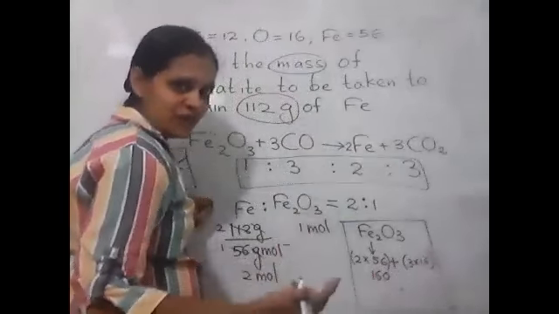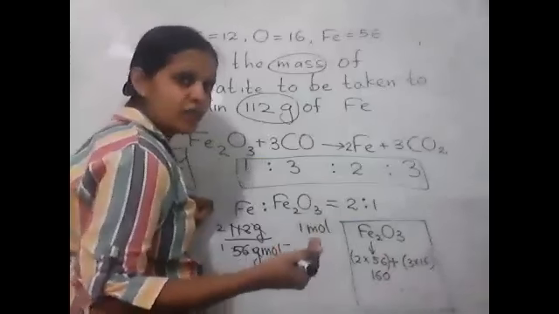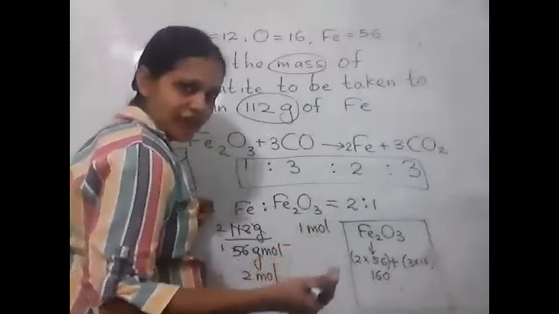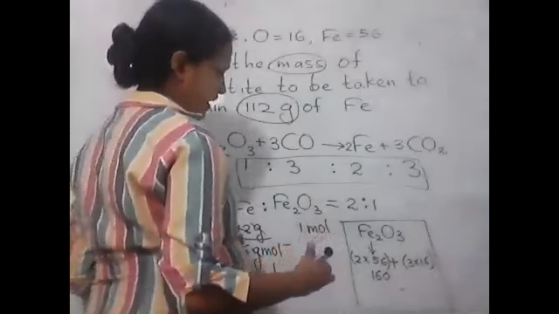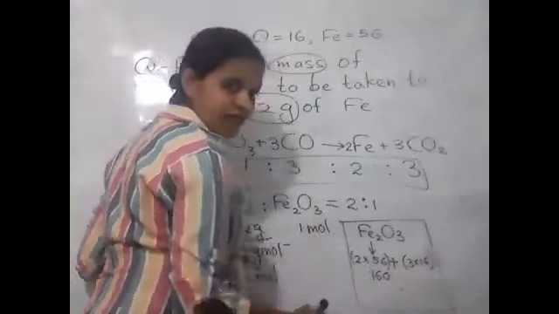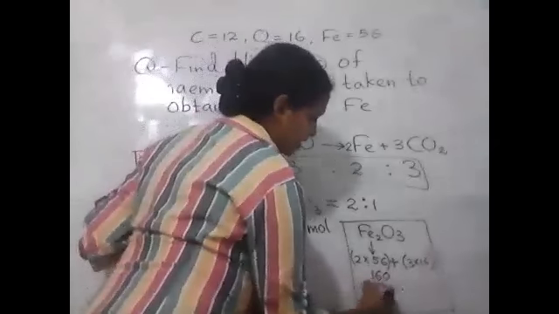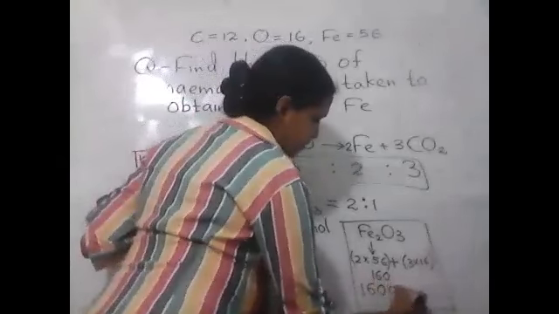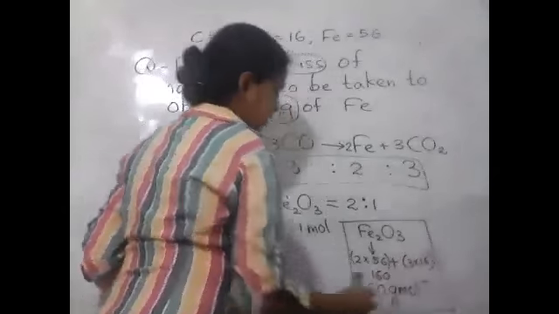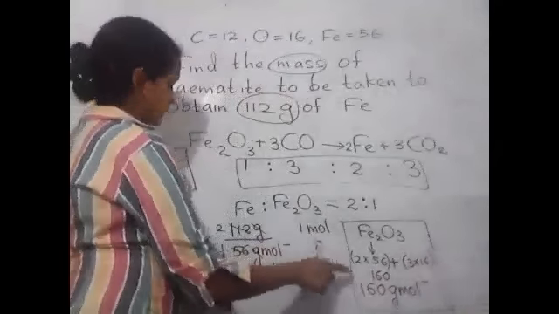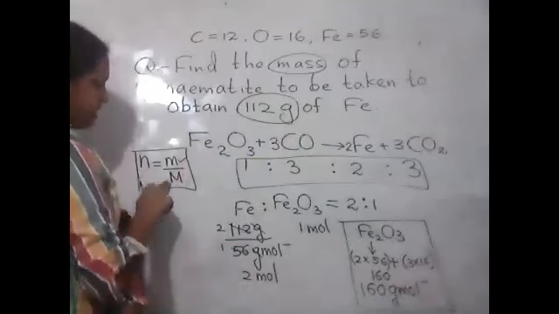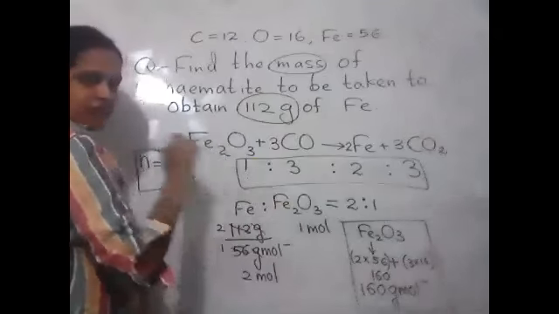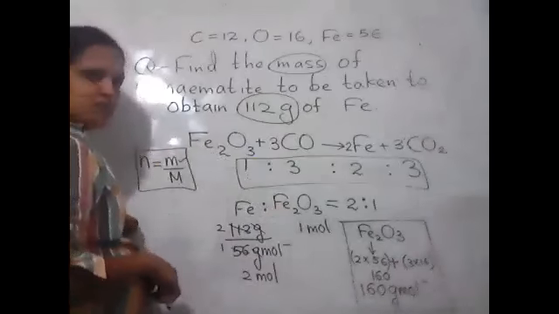Then for a compound, when you take the relative molecular mass in grams, that is equal to the molar mass. Therefore, the molar mass of hematite is 160 grams per mole. Now you know the molar mass of hematite as well as the number of hematite moles, which is 1 mole.